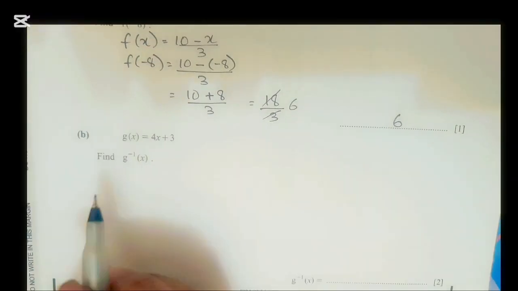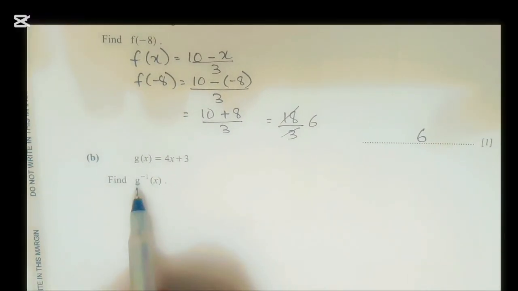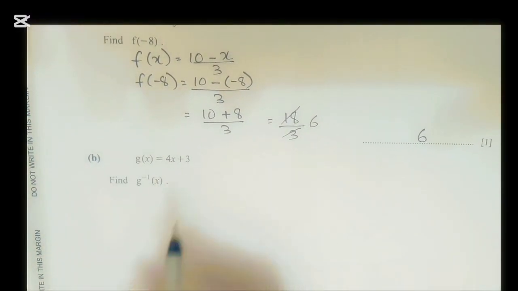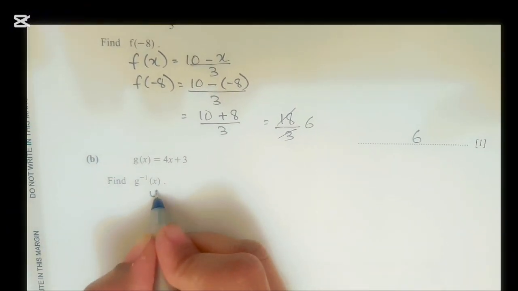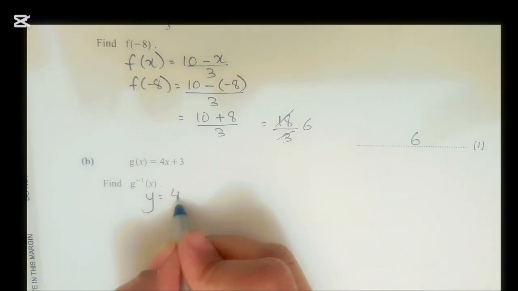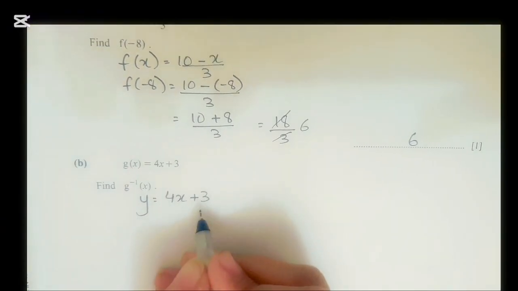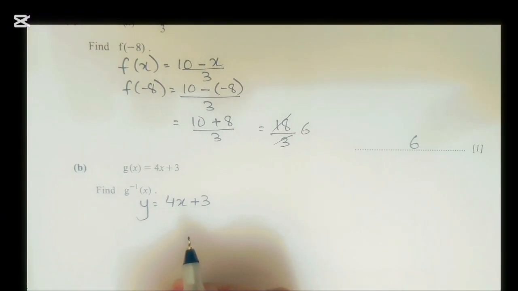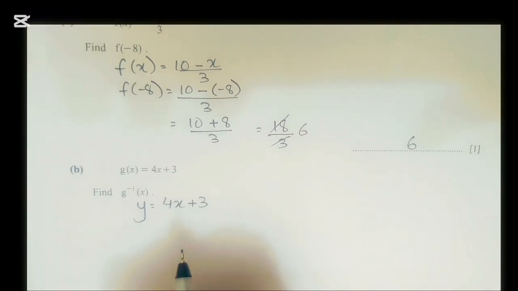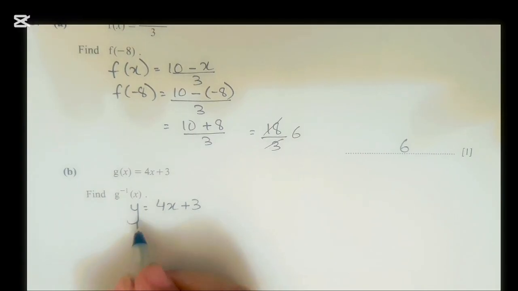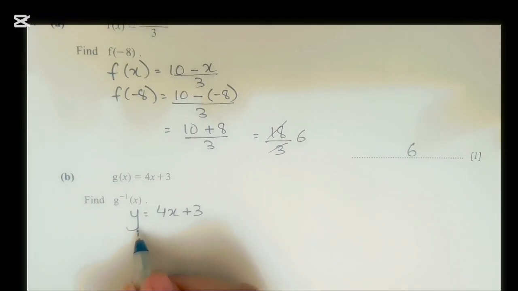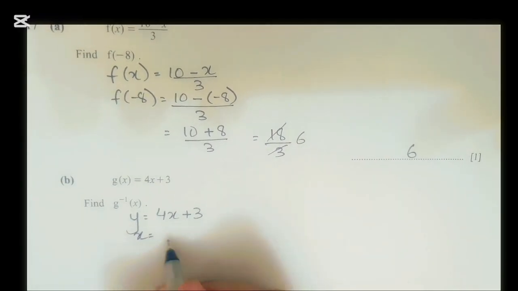And now what we have to do: g(x) is equal to 4x plus 3, and we have to find g inverse of x. So for g inverse of x, we use the variable y is equal to 4x plus 3. And now we are going to switch the variables. In place of y, I am going to use x, and in place of x, I am going to use y.